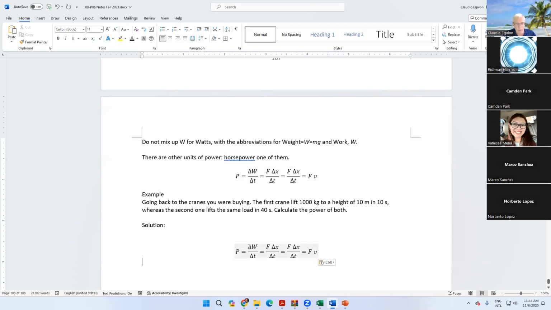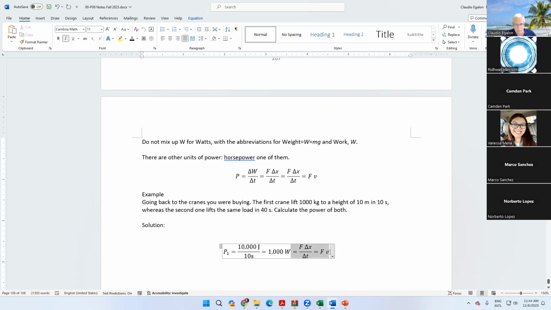Okay, so first one, amount of work, that's going to be 10,000 joules divided by 10 seconds. Then you end up with 1,000 watts.